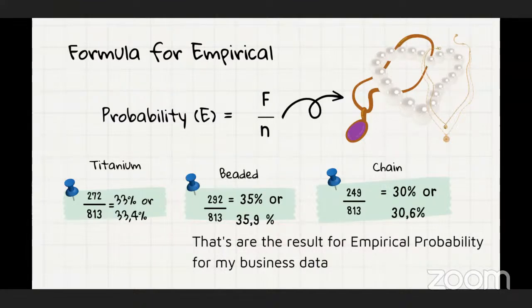And the beaded is 657 divided by 1830, which is equal to 35% or 35.9%. And the chain is 559 divided by 1830, which is equal to 30% or 30.6%. And those are the results for empirical probability for my business data.